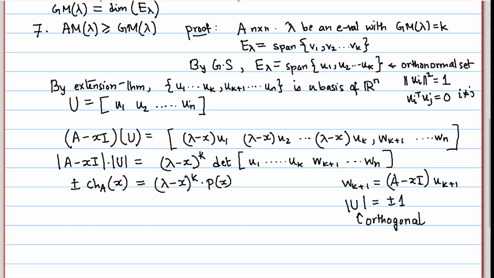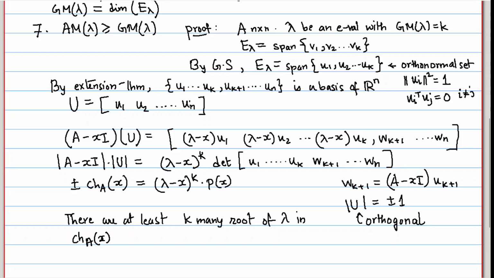That means there are at least k roots of lambda in the characteristic polynomial in x.